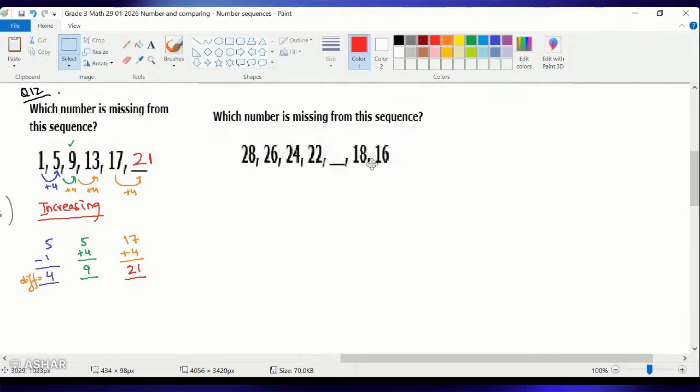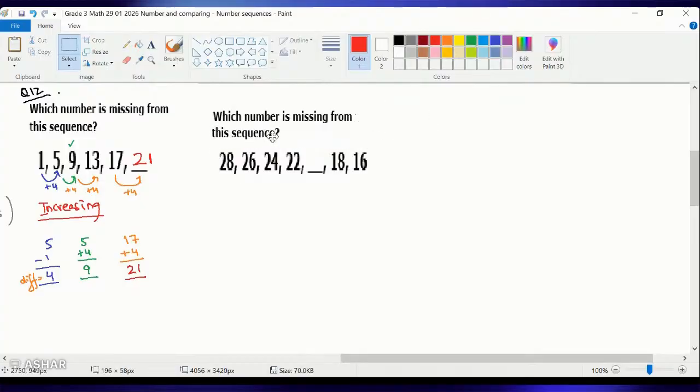These are the numbers in the given sequence. Let's see which value was missing. This is like question number 13. Okay. So the first number is given as 28, then 26, 24, 22, and so on, right? This is decreasing.